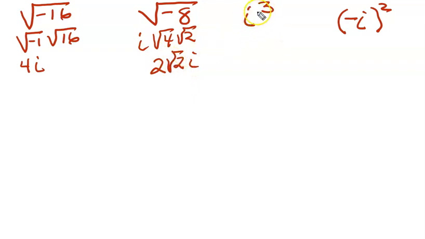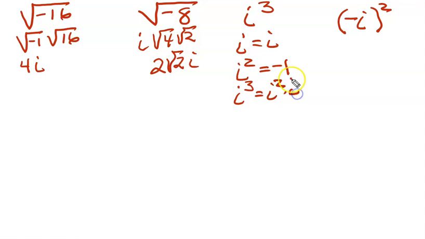Now, this one is something you'll often get: various powers of I. So let's give you the background. We know that I equals I. We know that I squared equals negative 1. Now, what does I to the third equal? Well, we know it equals I squared times I. Well, I is I, and I squared is negative 1.